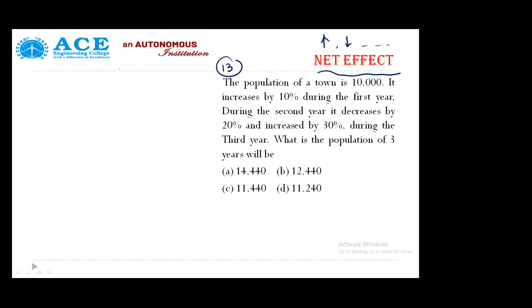Yes Mohanta, when you assume something, you get a different value and they have given a different thing in the question. To correct it, we can use the multiplication factor.